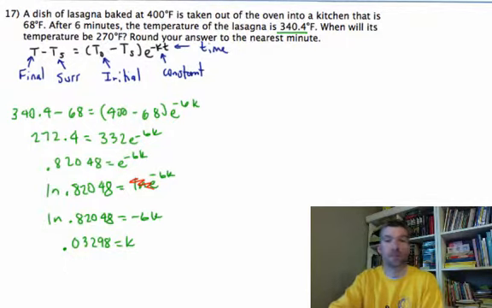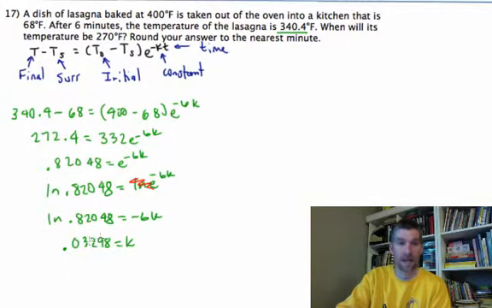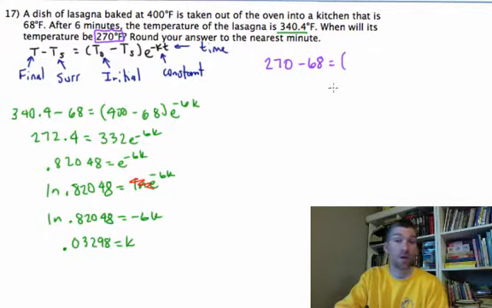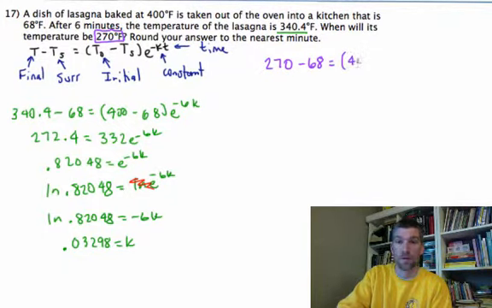Now, that's part one. We've got k. So now we want to find out how long it will take to get to 270. That's our new final temperature. So I'm going to let 270 minus the 68, that's the surroundings, equal the starting temperature, which is when we pulled it out of the oven at 400 degrees, minus the 68, times e to the negative k t.